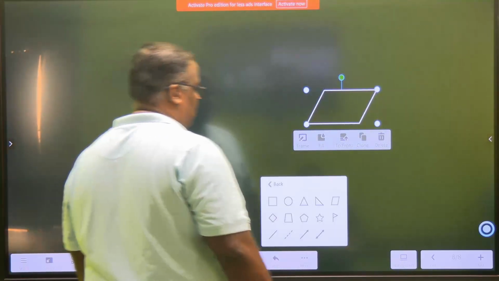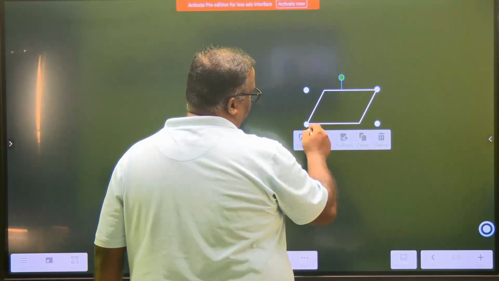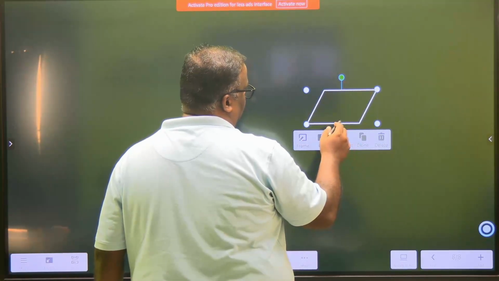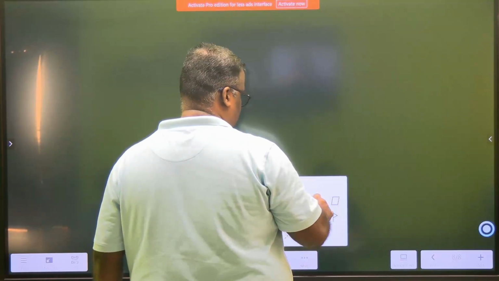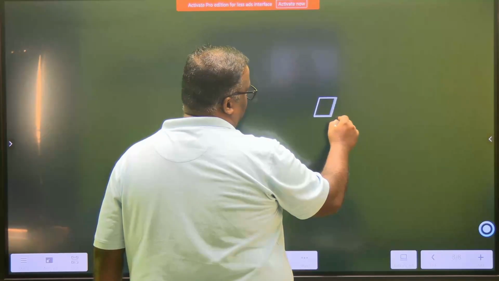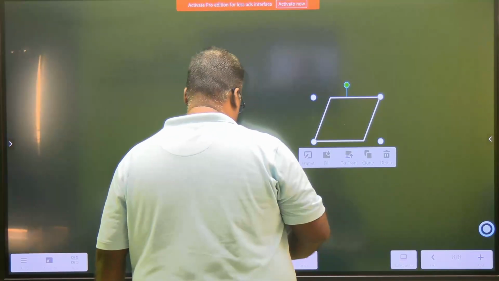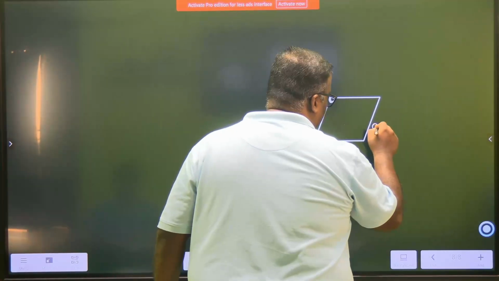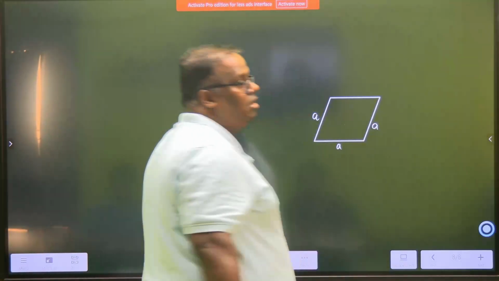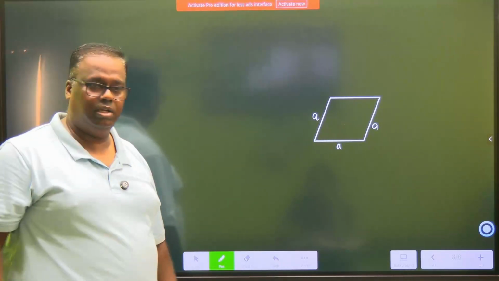This is, children, a square sheet. This is a square sheet whose sides are A, A, A. Agreed?